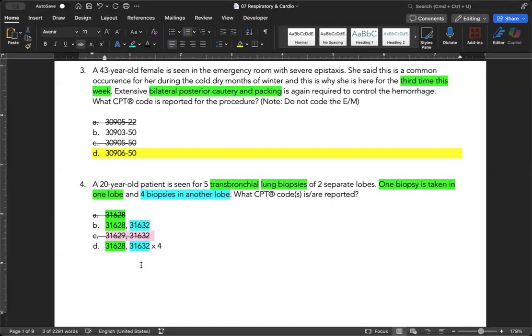If you don't know and you're just guessing, look at the parenthetical note, the second one underneath 31632. It says you should only report 31632 once, regardless of how many transbronchial lung biopsies are performed in a lobe. So therefore, B should be our answer.